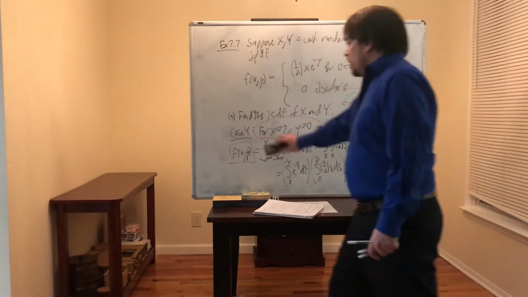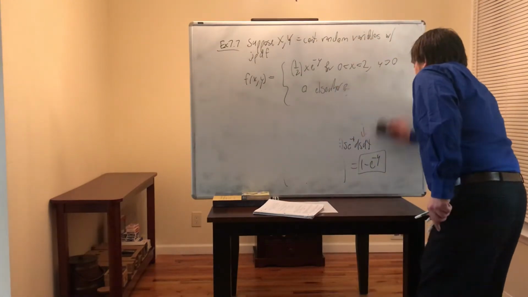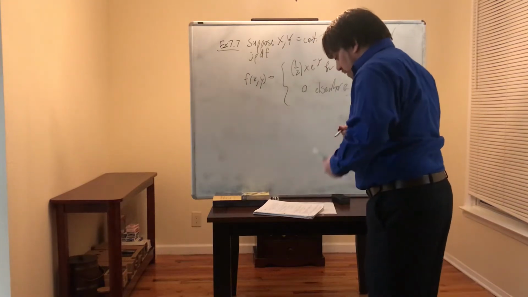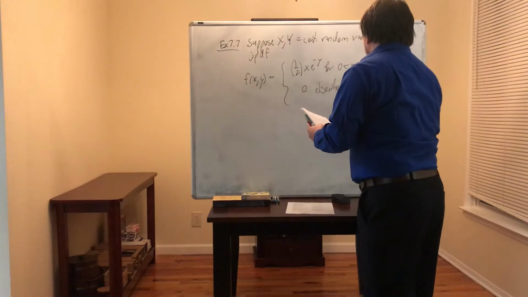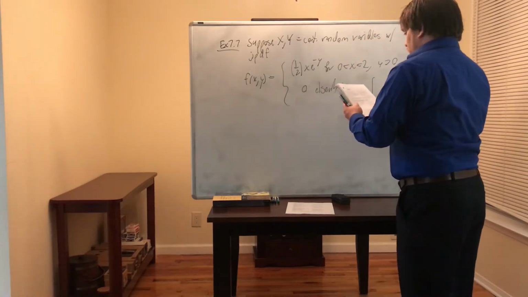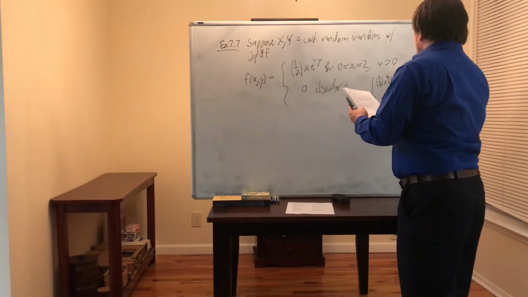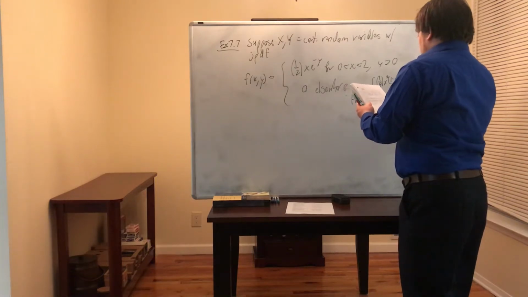Okay, so let me just erase this. Our final answer, I'm going to write it here: capital F of x comma y is going to equal 1/4 x squared times 1 minus e to negative y, for 0 less than x less than 2, y positive.